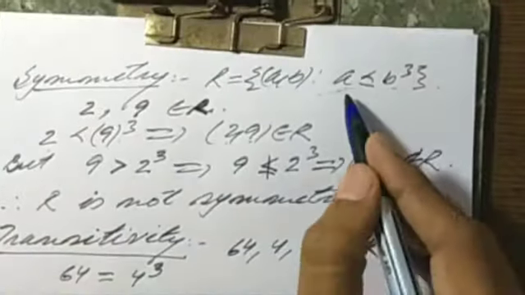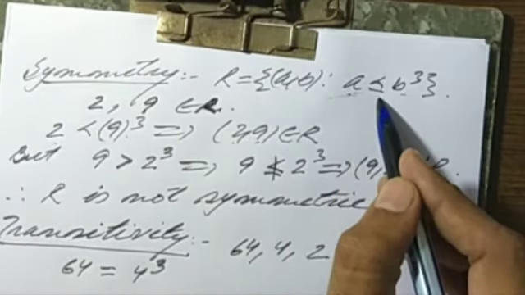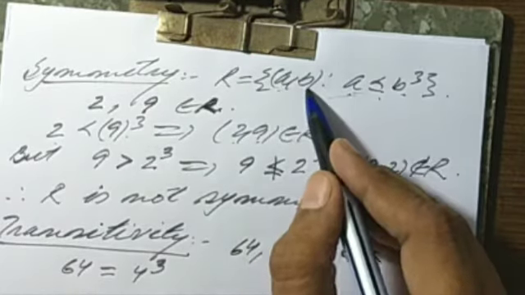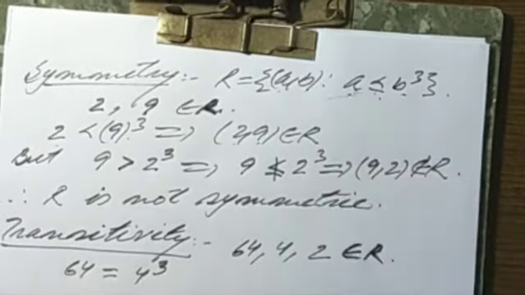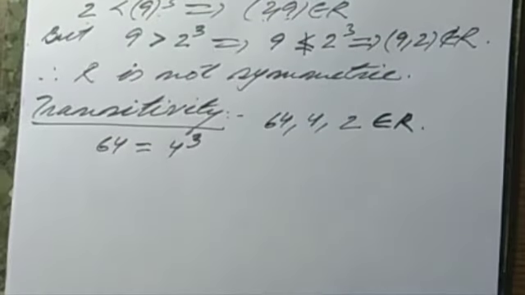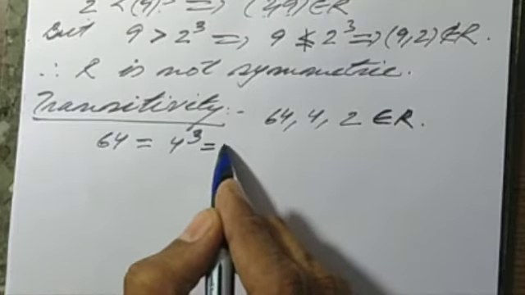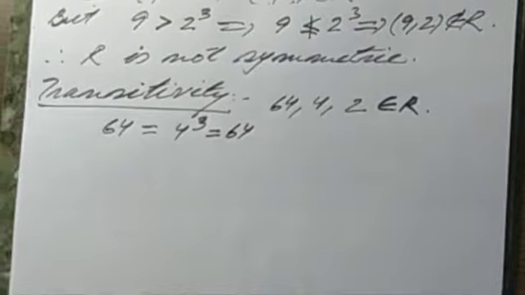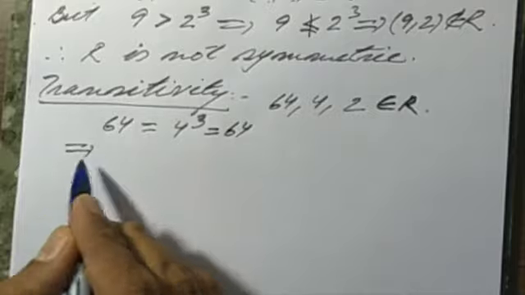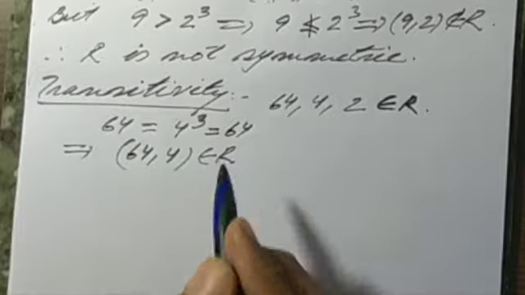As the criteria for the relation is given, if the first element is equal to the cube of the second element, then the ordered pair exists, or if the first element is less than the cube of the second element, then also the ordered pair can exist. So 4 cube is equal to 64. So we may say that 64 is equal to 4 cube. It implies that (64, 4) belongs to R.